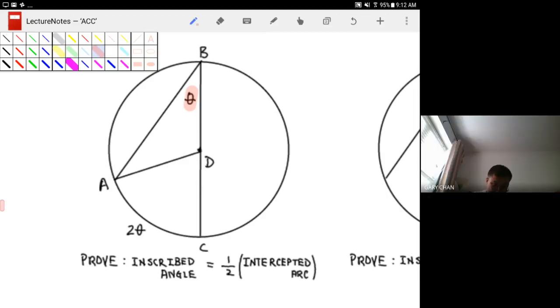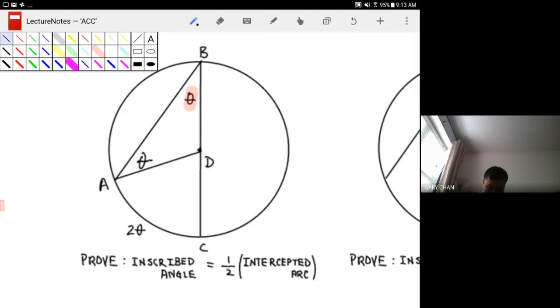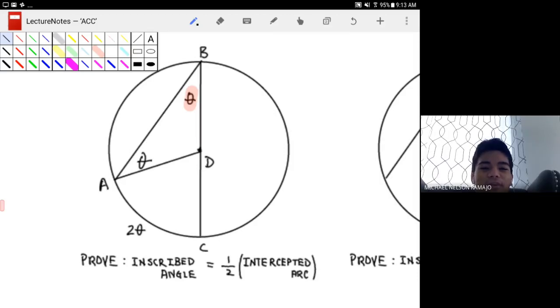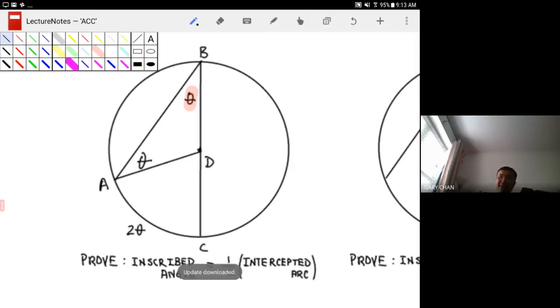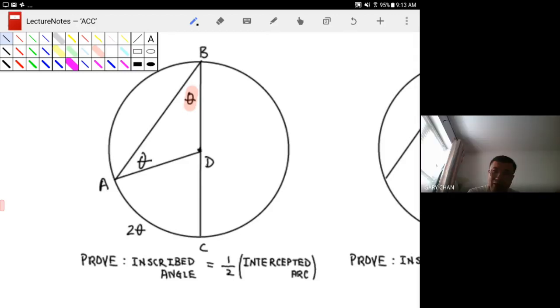Why is angle BAD over here also theta? Because of the co-function identity. No, but nice try there. Because they're isosceles triangles and the two base angles of an isosceles triangle are congruent. Why are they isosceles, Kira?